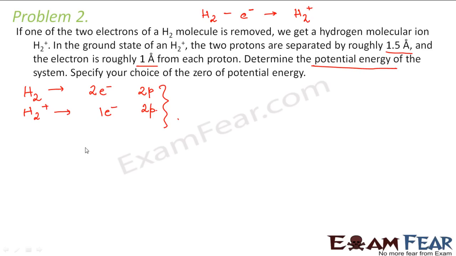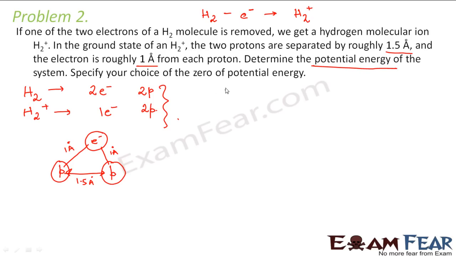Now the problem says that the 2 protons are separated by a distance of 1.5 angstrom and the electron is separated from each proton by 1 angstrom. So this is 1 angstrom and this is also 1 angstrom. Now this is your system. So you have to calculate the potential energy of this system.